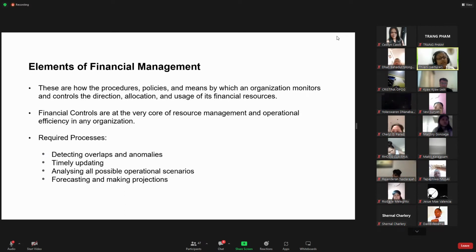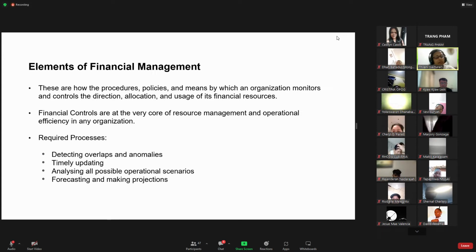It's actually the very core of resource management and operational efficiency. If you don't manage your finances properly, I would say the operations will not happen efficiently either, because the financials are not properly utilized or controlled.